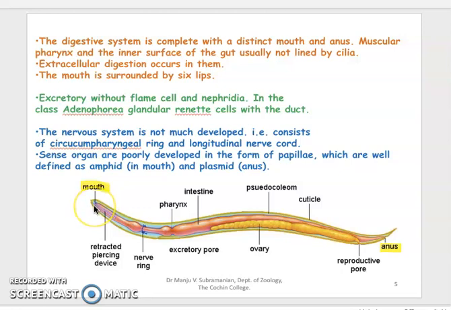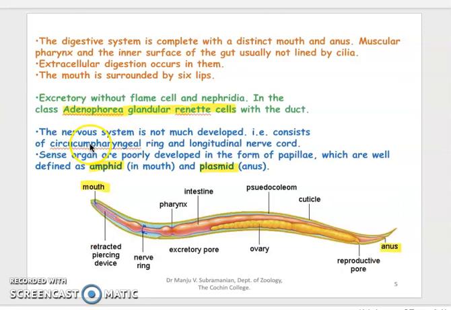That is a type of parasitic adaptation seen in these nematode worms. Then excretory without flame cells or nephridia. Then in the class Adenophorea, certain granular renette cells are present which serve as nephridia. So that is a peculiarity of the class Adenophorea.